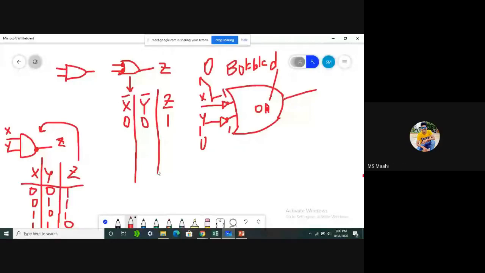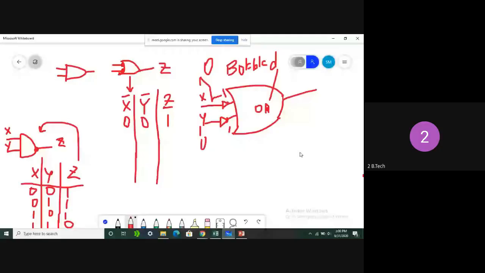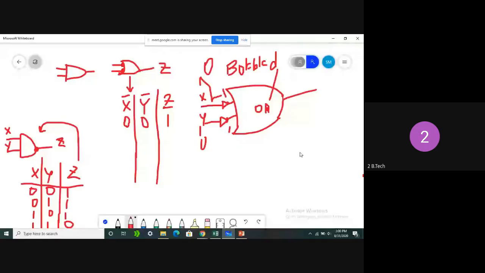So 0 bar, if you take X equal to 0, what is its value? 0 bar. Bar is nothing but NOT. 0 bar is 1. Yeah, sir. Clear, all of you? See here, clearly I am mentioning here also. This is X bar. This is Y bar.